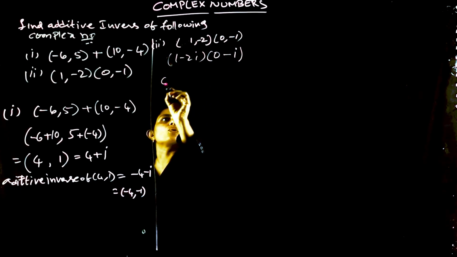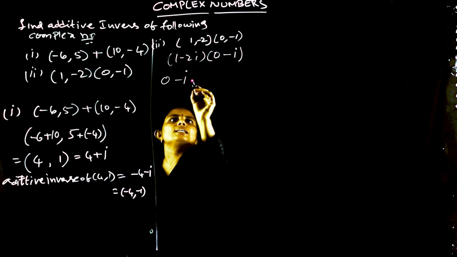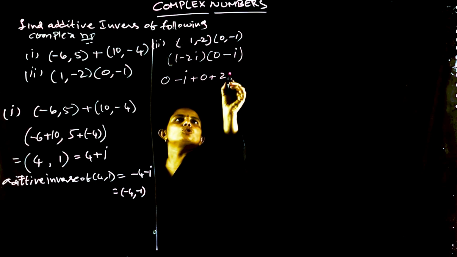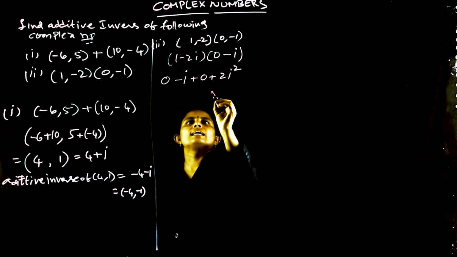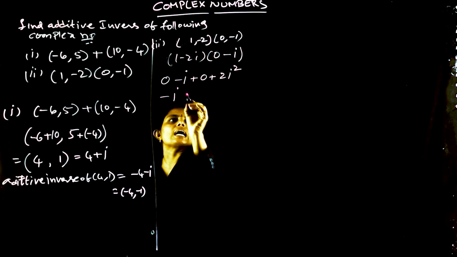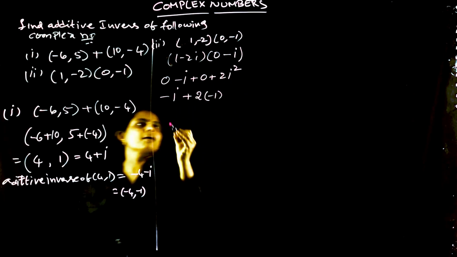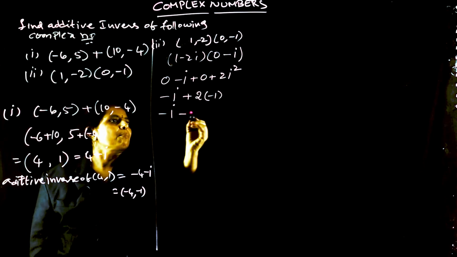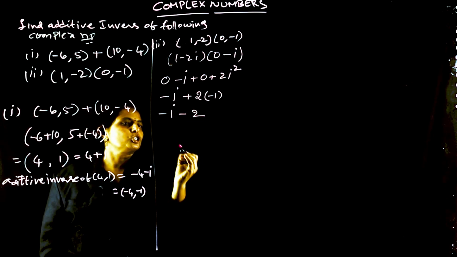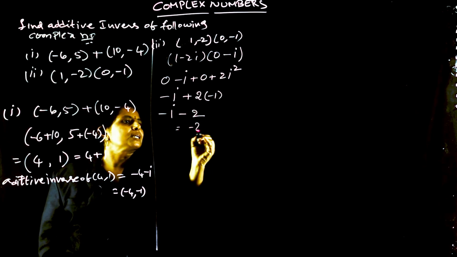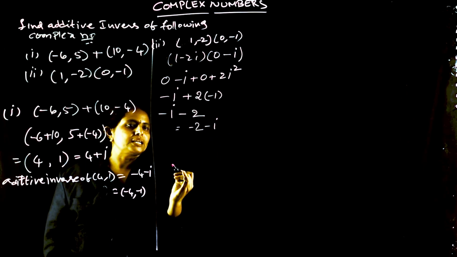So 1 into 0, 0. 1 into minus i, minus i. 2i into 0 is 0. Minus into minus plus 2 times i square. So this is minus i plus 2 times i square, which is nothing but minus 1. So it is minus i minus 2. So our complex number is minus 2 minus i.